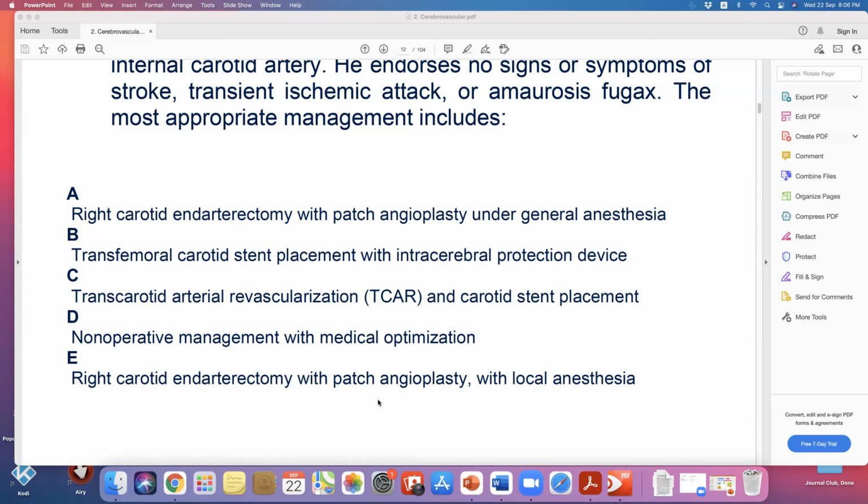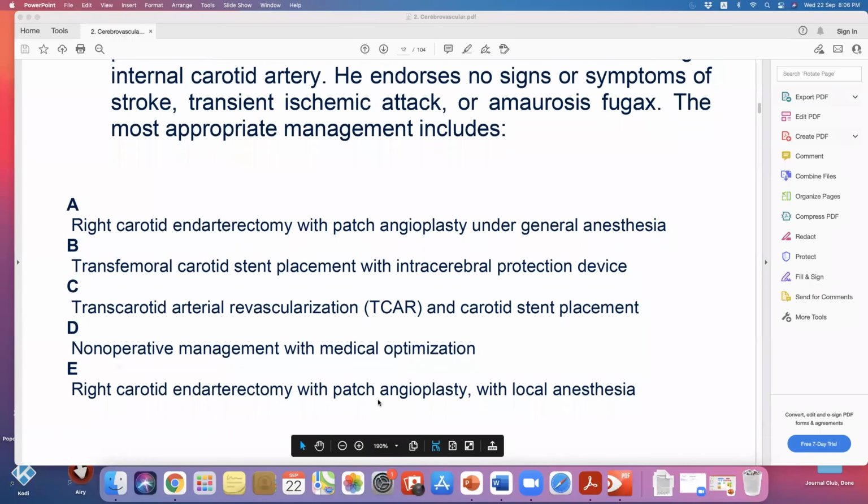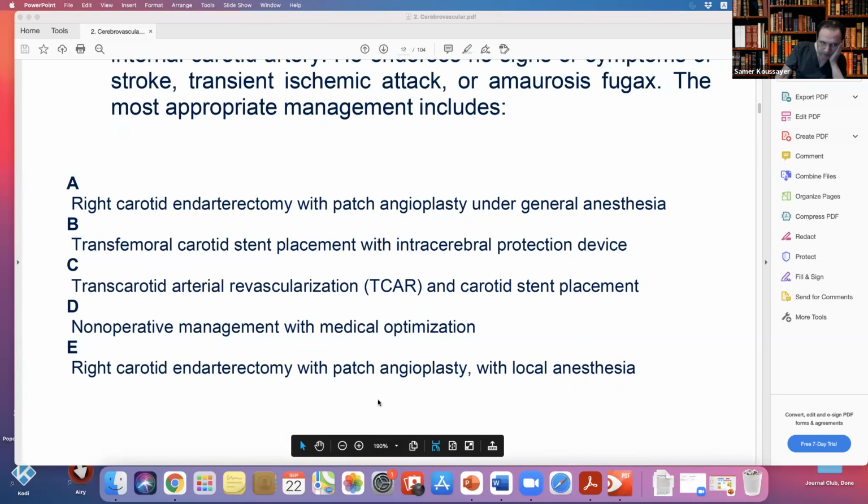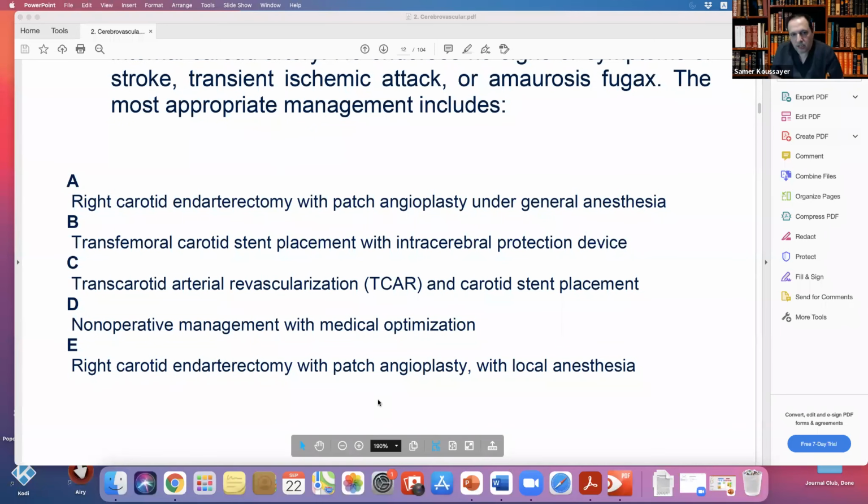Is there any difference in patient selection between local and general anesthesia, doctor? No, there's no difference in general and local anesthesia, and the guideline didn't. Because if the patient is high risk for general anesthesia, you can do local, you can do stenting.